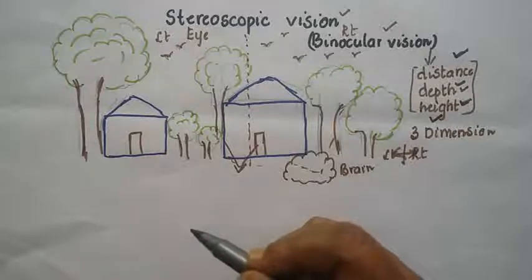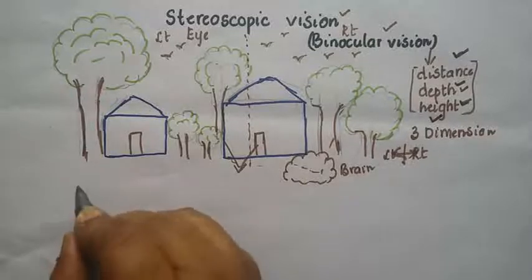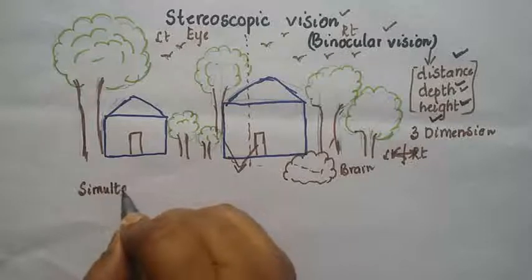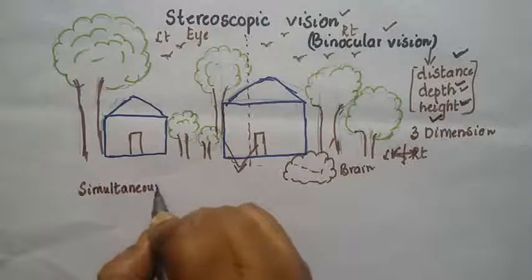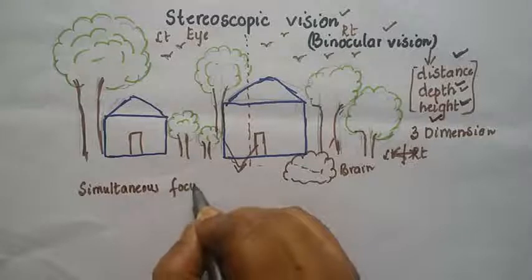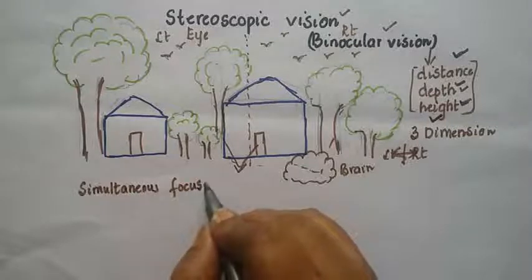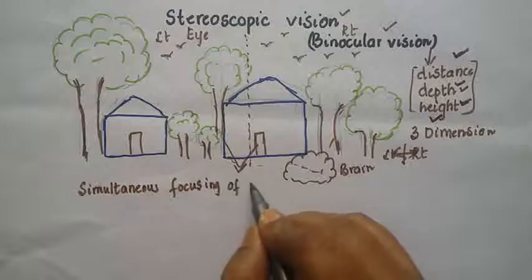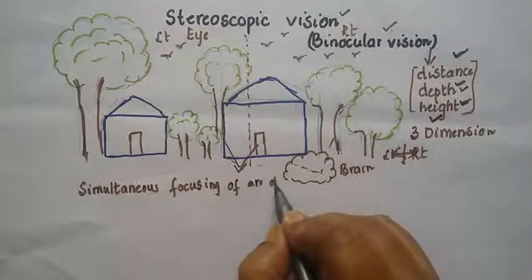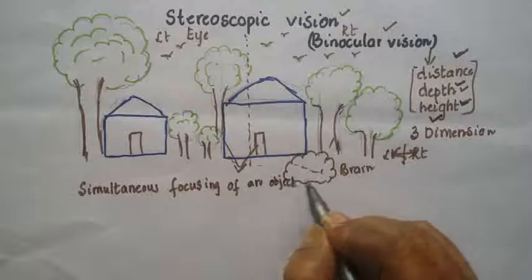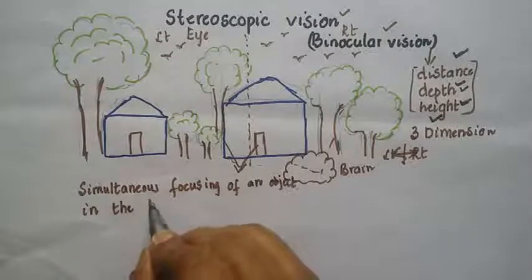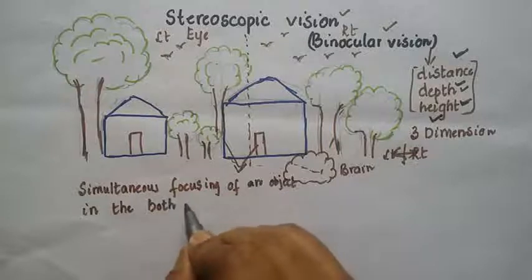So how do we define the word stereoscopic vision? It is nothing but the simultaneous focusing of an object in both the eyes.